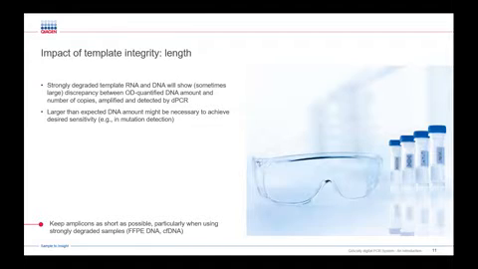Therefore, larger than expected DNA amounts might be necessary to achieve desired sensitivity, for instance, in mutation detection. We therefore strongly advise to keep amplicons as short as possible, particularly when using strongly degraded samples such as FFPE DNA or cfDNA.